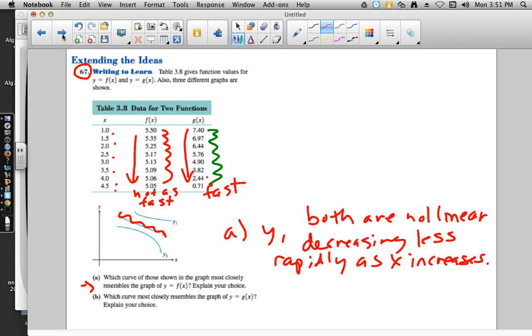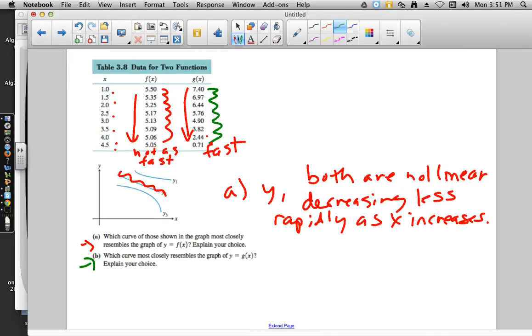And then B says which curve most closely represents g of x. Well, again, we already know it's not linear, so it's going to have to be y sub 3.